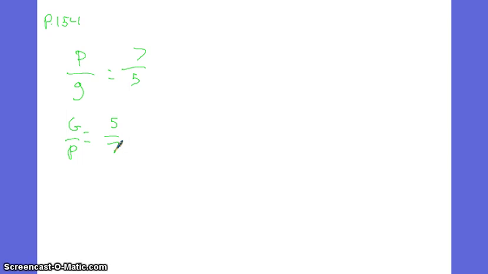Now we're told that there are 91 pigs is our total. All right, so what we want to know is how many goats there were. So what we can do is we'll write our proportion. I'm going to use 7/5 equals 91 over g.